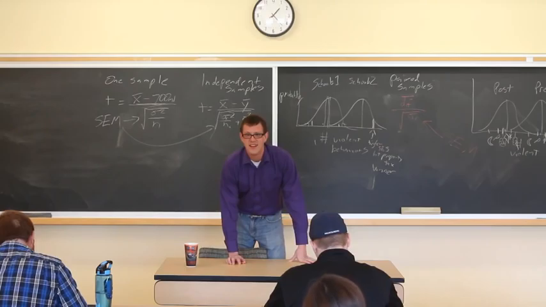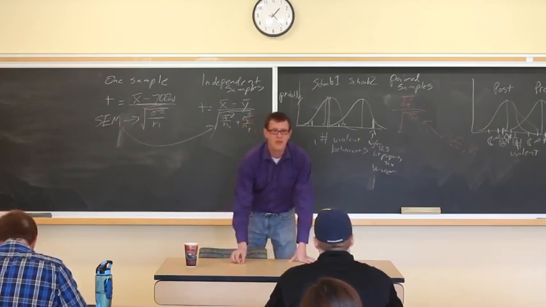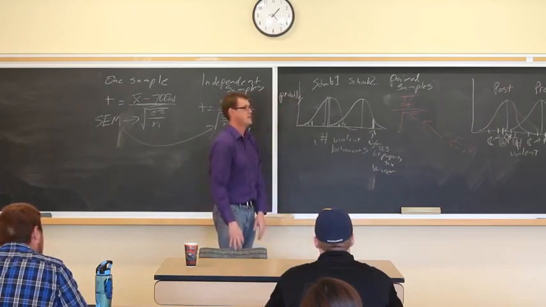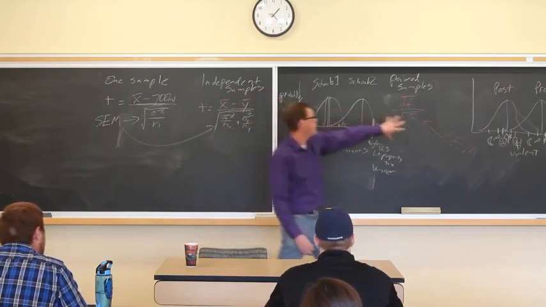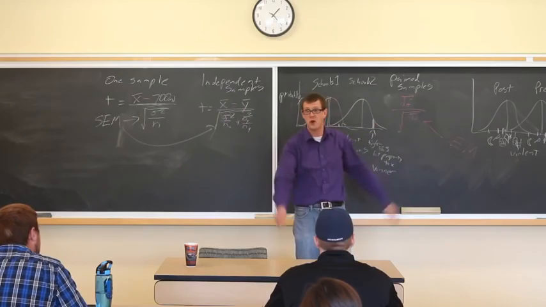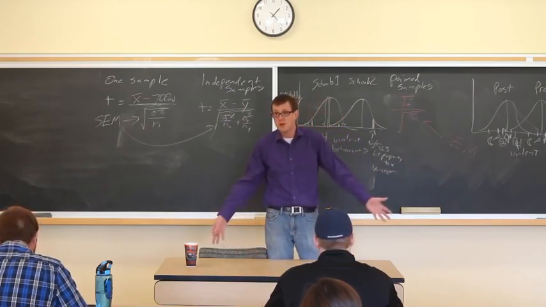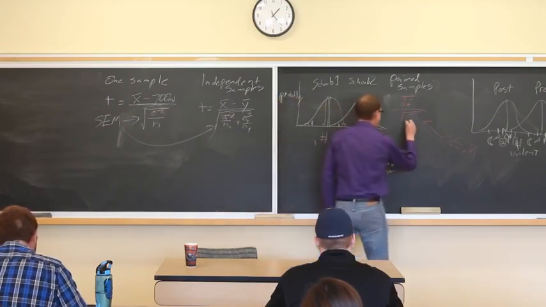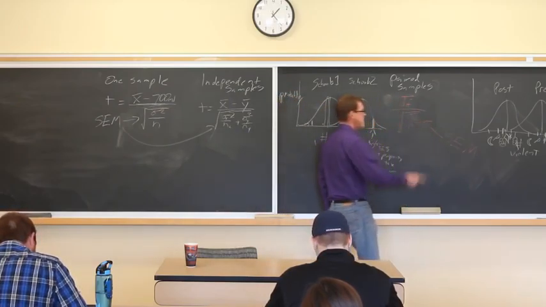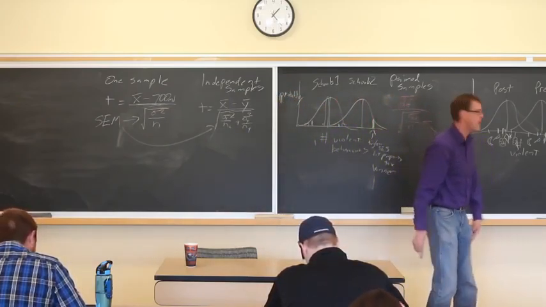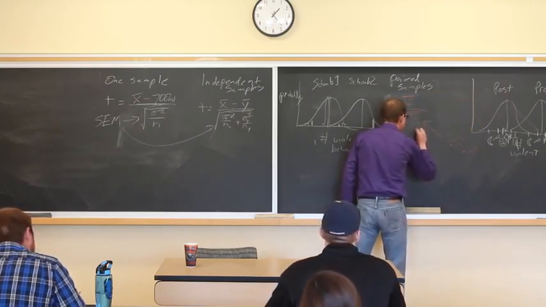How many pairs do we have? If we had the 200 post and the 200 pre, we've got 400 total, and dividing by 2 gives us the number of pairs we have. Good job. So the n is not going to be the number of total observations, it's going to be the number of differences that we have.